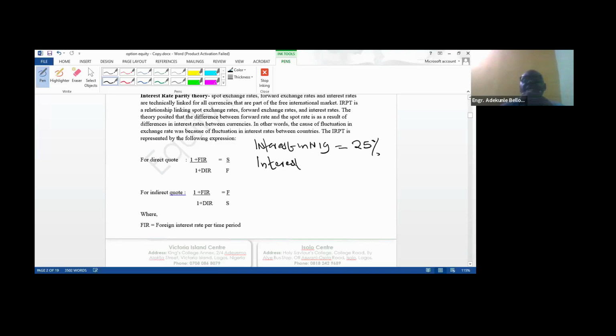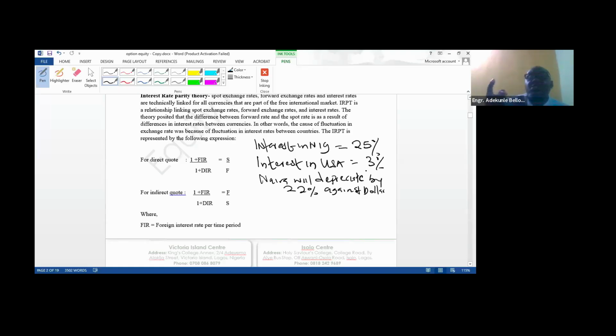Interest rate in US is 3%. Naira will depreciate by 22% against dollar. Difference: 25 minus 3, 22%.